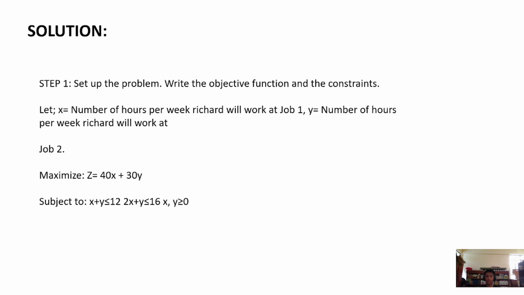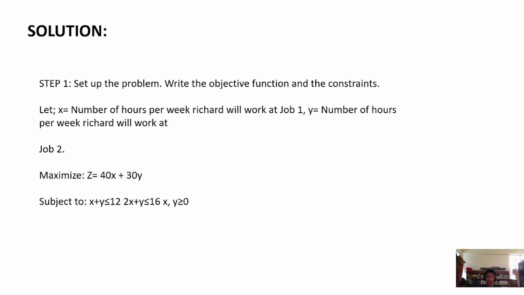Since the simplex method is used for problems that consist of any variables, we usually use the variables x, y, and z, and so on, and s, t, or u to represent the slack variables. So let x equal the number of hours per week Richard will work at job 1, and y equal the number of hours per week Richard will work at job 2.